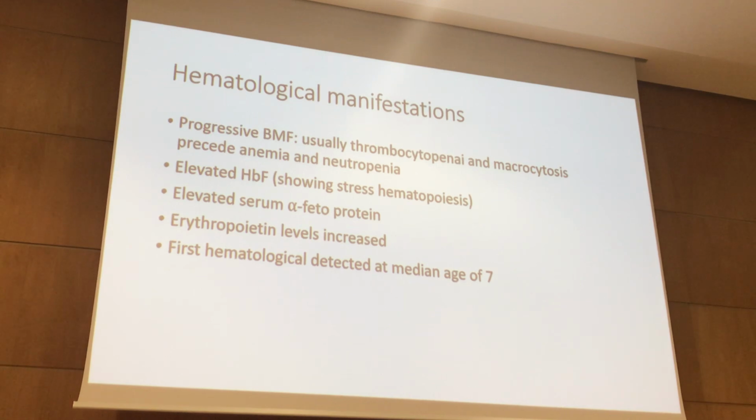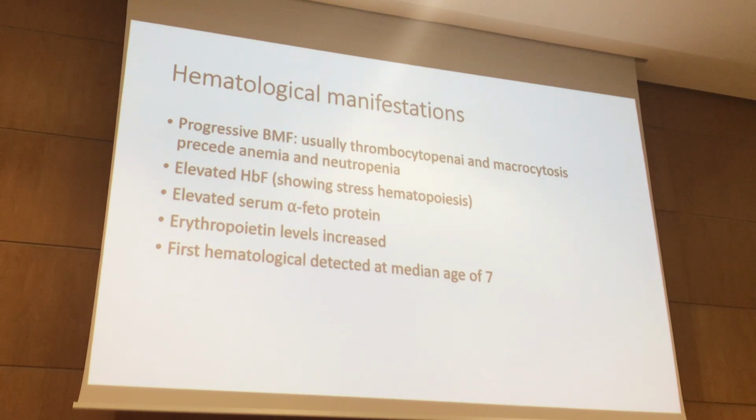That means it usually starts with single cytopenia, either anemia or thrombocytopenia, and it may progress to pancytopenia. Hemoglobin F is usually elevated due to stress hematopoiesis, and similarly alpha-fetoprotein is elevated in those patients.